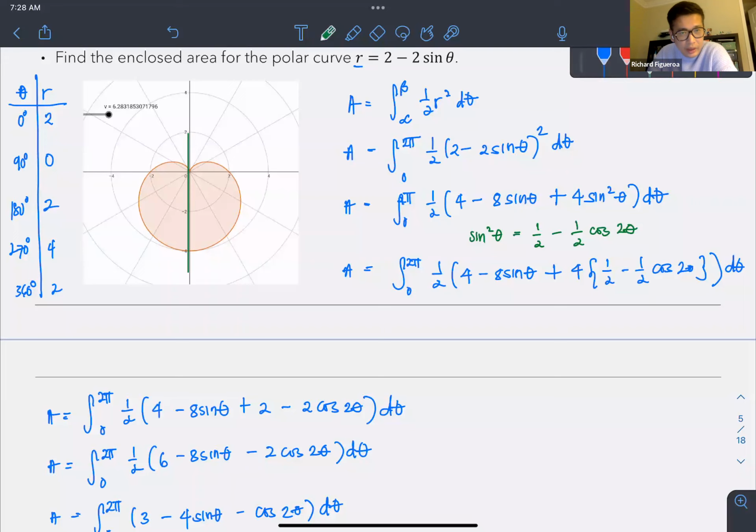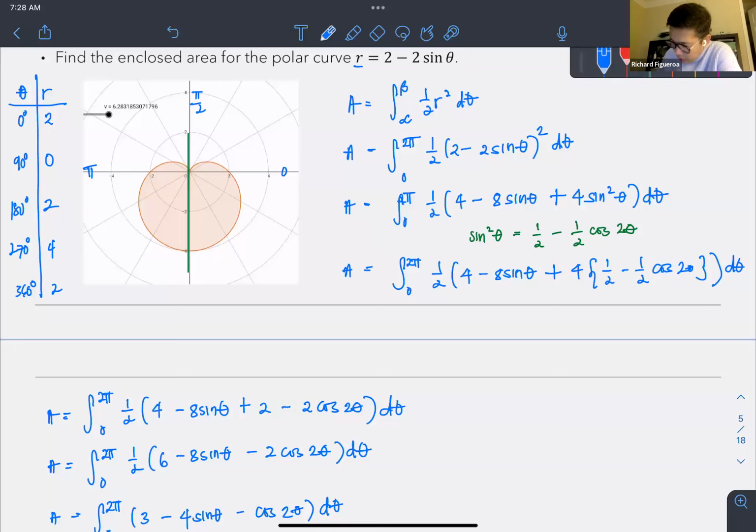Remember, this would be 0, and this is pi over 2, and then we have the pi, and then 270 degrees, the 3 pi over 2.